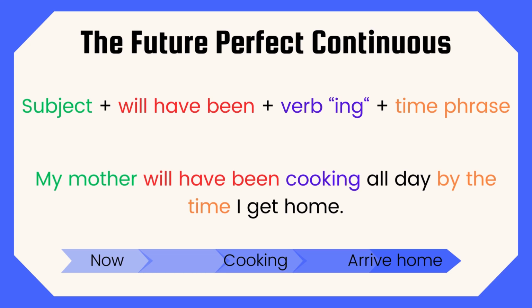For example, my mother will have been cooking all day by the time I get home. So when I arrive home, my mother will be cooking and will still be cooking. So it's an ongoing action.